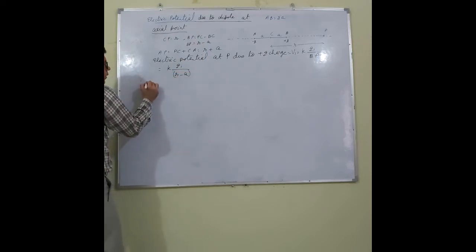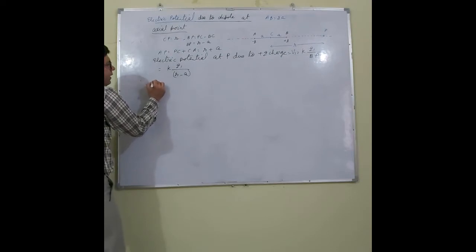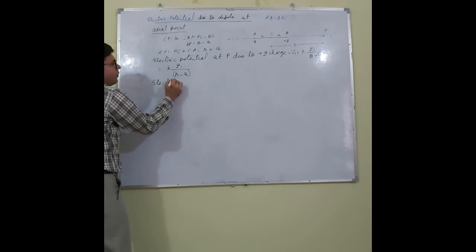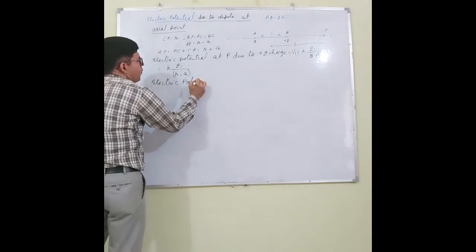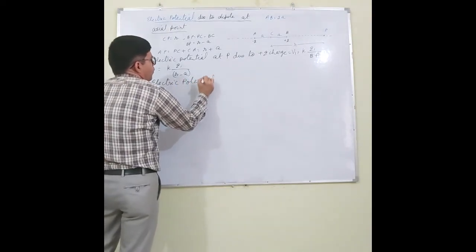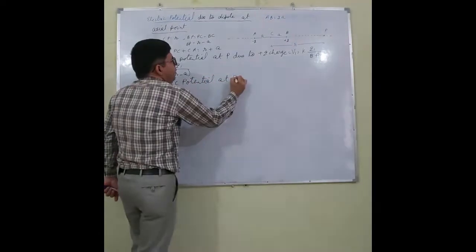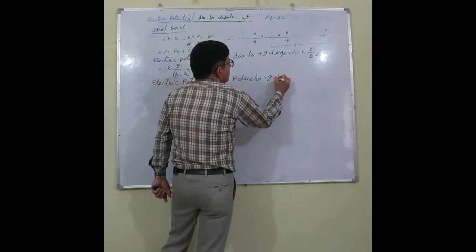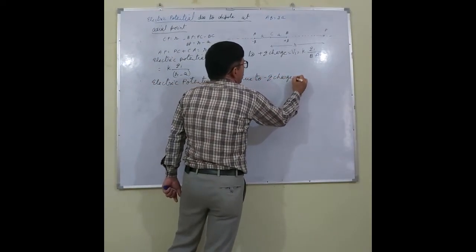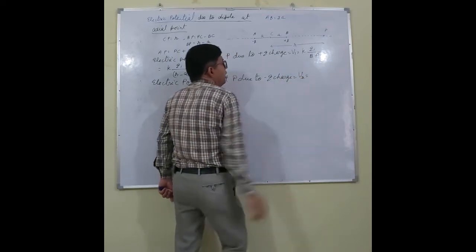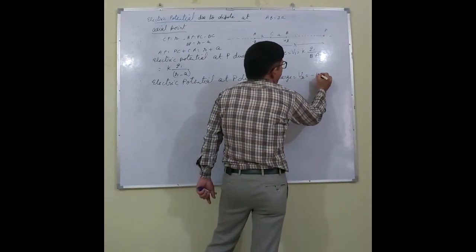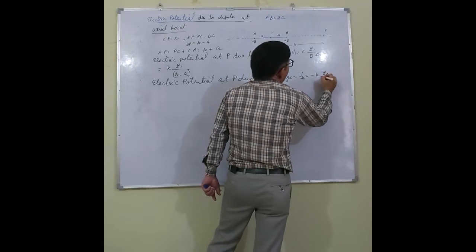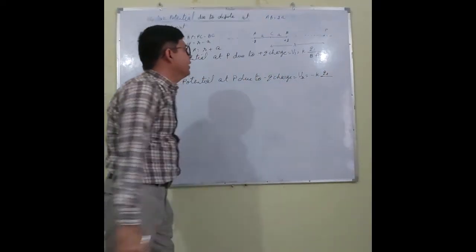Now, electric potential at P due to minus q charge is V2, equal to minus K q2 divided by distance.